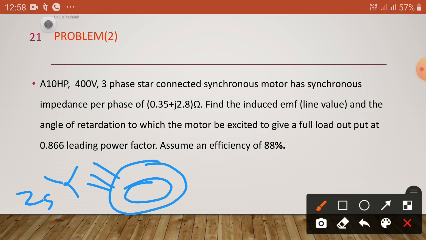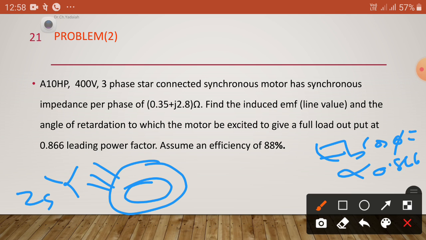Find the induced EMF, Eb, the line value, and the angle of retardation alpha, to which the motor must be excited to give full load output at a power factor of cos phi equal to 0.866 lead.